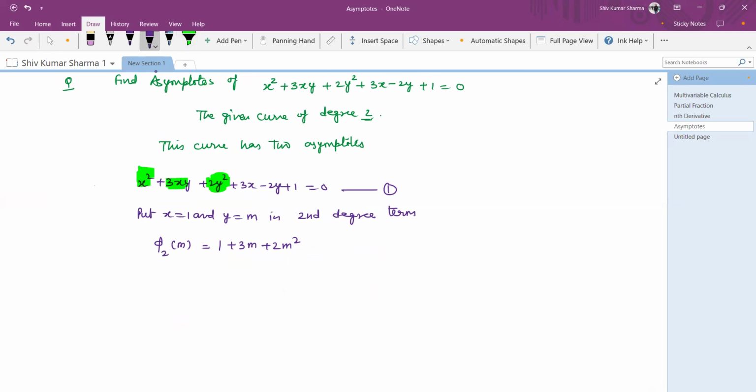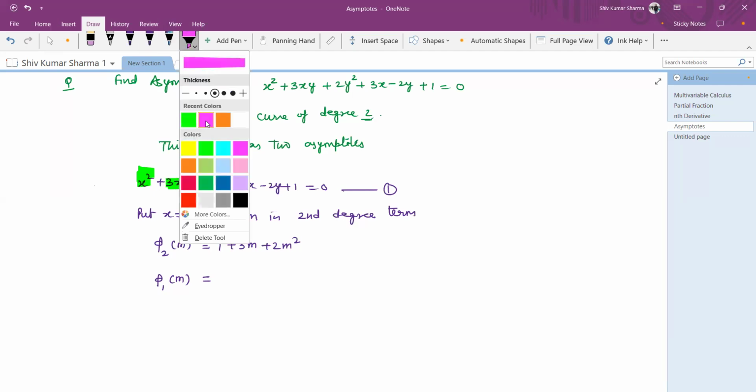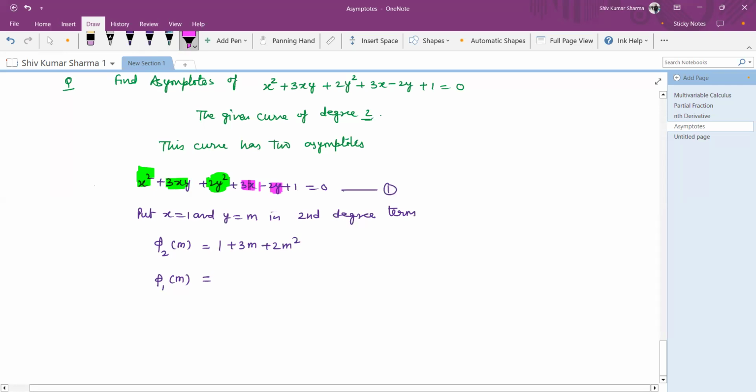Now we move to the next lowest. The next lowest means the first degree terms, so we obtain phi 1m. There are two first degree terms, 3x and 2y.